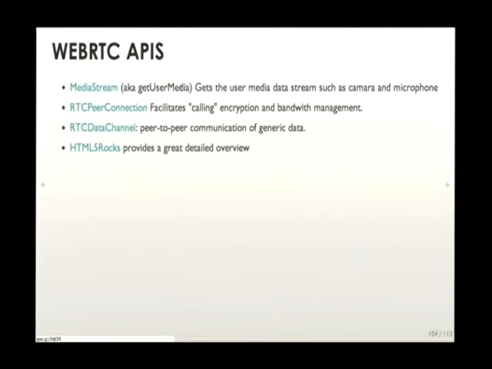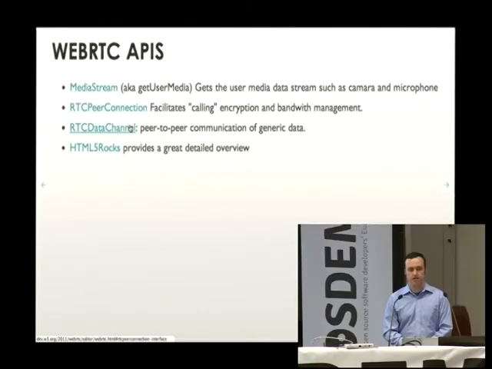And then the RTC data channel enables message exchange between peers, both in terms of sending JSON across if you wanted to collaborate on a whiteboard or do some basic chat system, but it's also a data channel, so data blobs can be sent between peers as well.